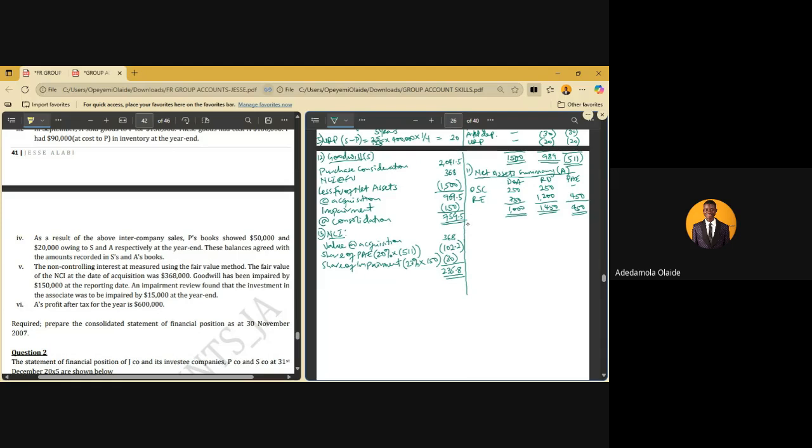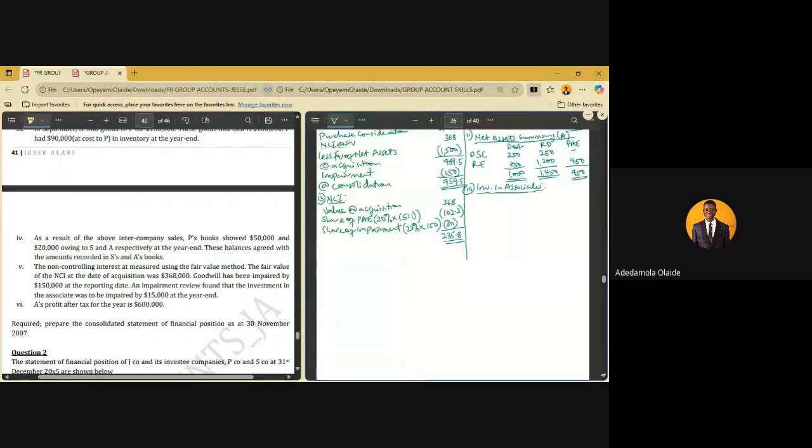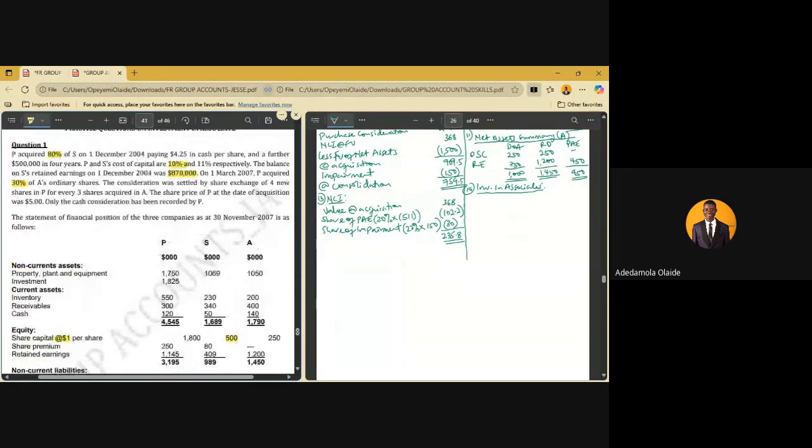So note 14, we can calculate investment in associates. And what is our investment in associates? Let's do it this way, investment in associates.